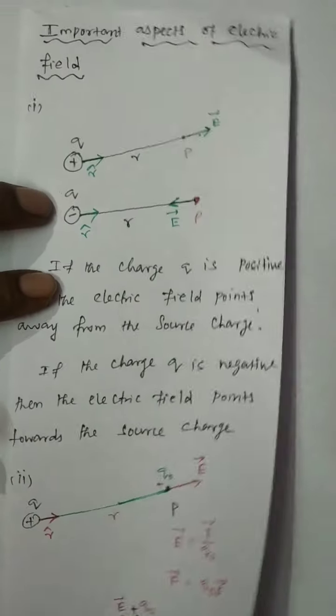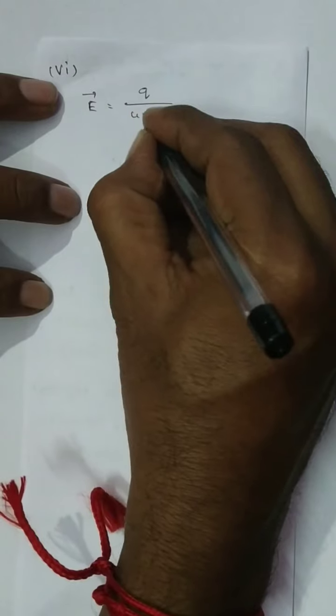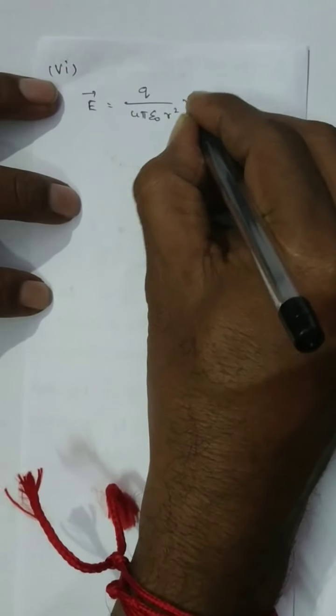We go for the next point, point number 6. We have the point charges. If there are point charges, we know the equation. The equation is E is equal to Q by 4 pi epsilon naught R squared R cap.